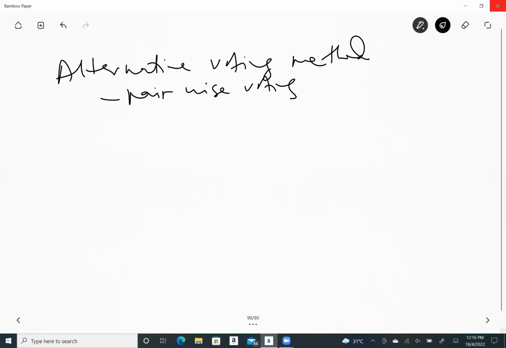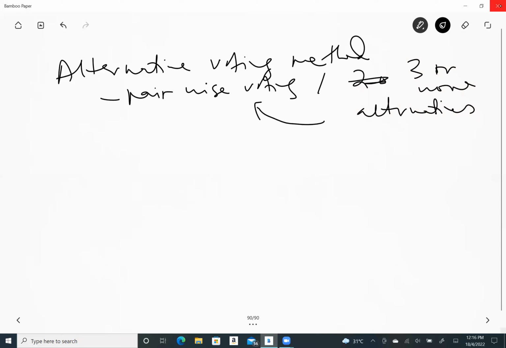Now here, normally you have more than two, you have 3 or more choices or alternatives, and we're going to choose one. One way to do this is going by pair. So what do you mean by pairwise voting?